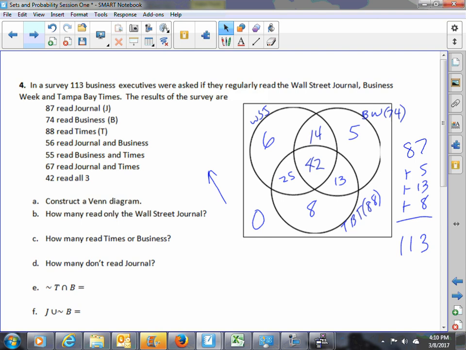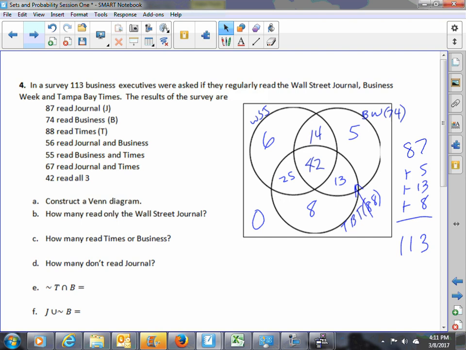Okay, now how many read the Times, the Tampa Bay Times, or the Business Weekly? Now, or means one or the other or both. So what we would do is we would add all of these numbers together.